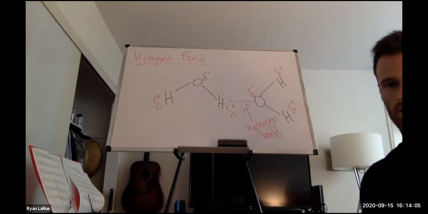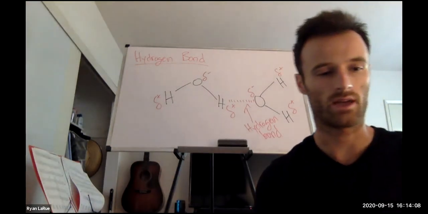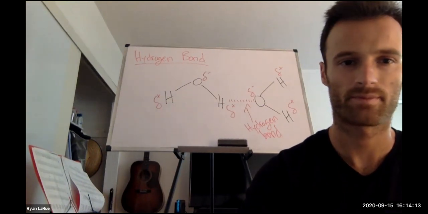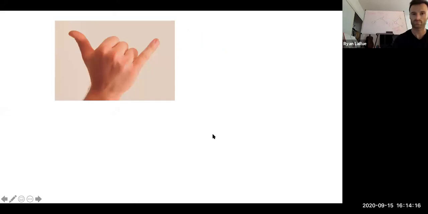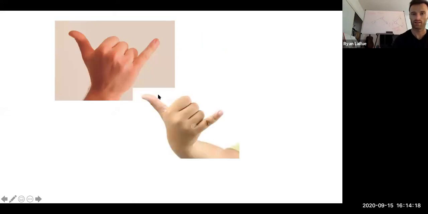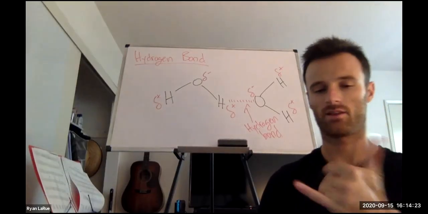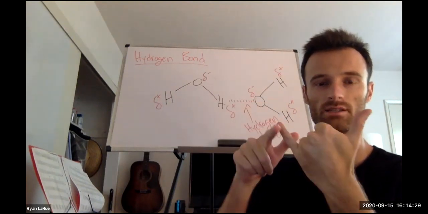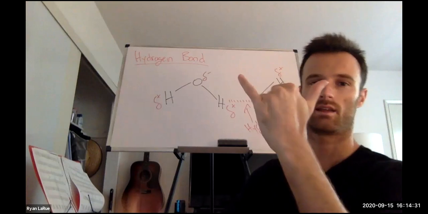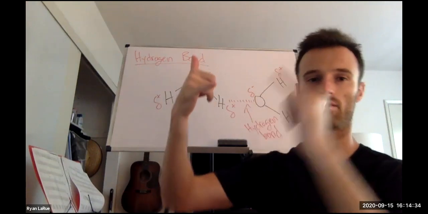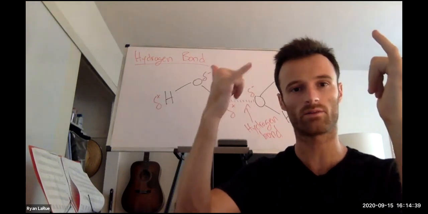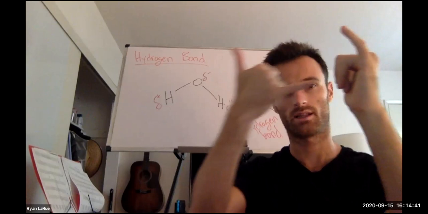Okay. In the last minute, I'll just show you this funny way to remember this sort of thing. Like this. What does that mean? If this is your water molecule, and here's your oxygen, and these are the two hydrogens, then it's going to be attracted to other water molecules, form hydrogen bonds with other water molecules, like that.